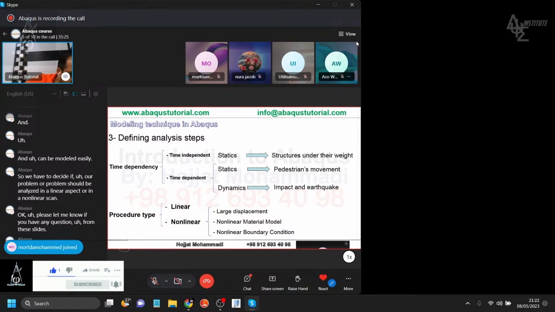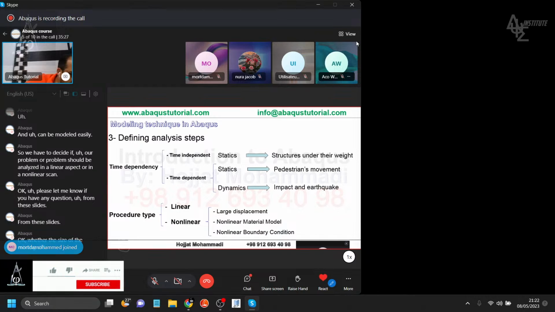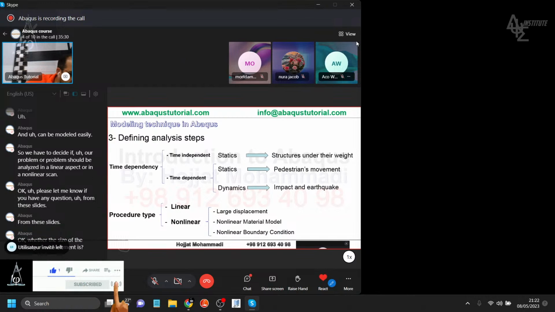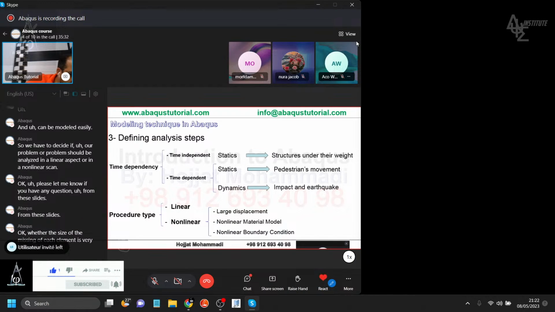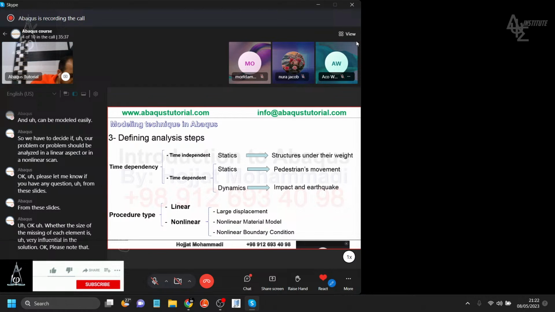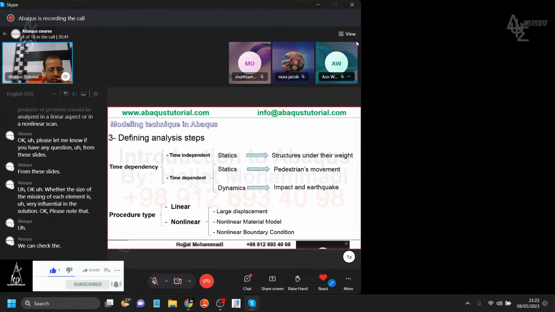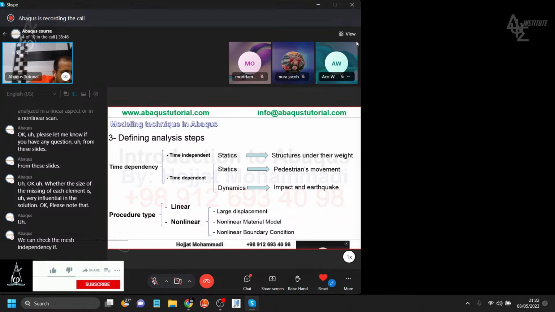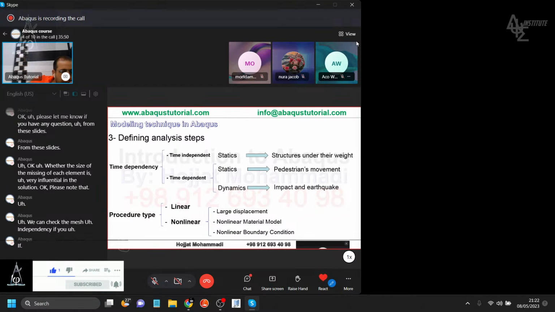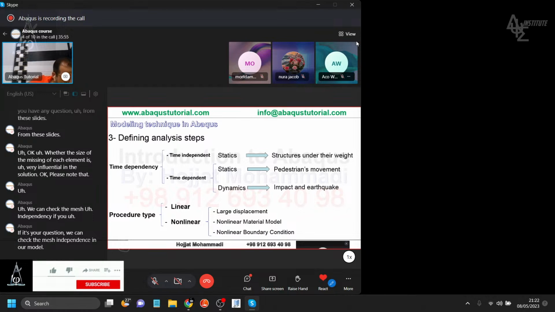Whether the size of the meshing of each element is very influential on the solution. Okay, please note that if it's your question, we can check the mesh independency in our model by considering a lower size of elements.